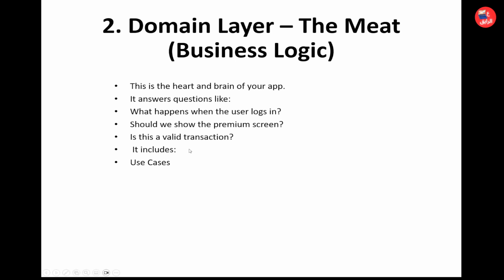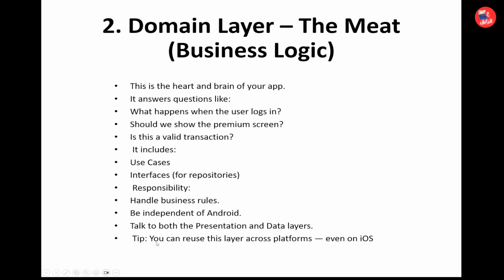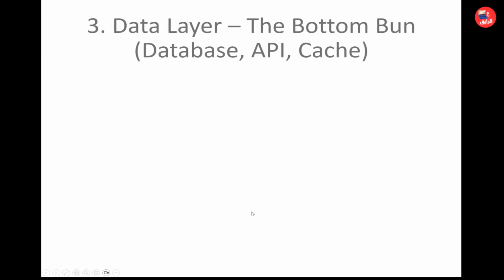It includes use cases, interfaces for repositories. Responsibility: handle business rules, be independent of Android, talk to both the presentation and the data layers. Tip: you can reuse this layer across platforms, even on iOS.